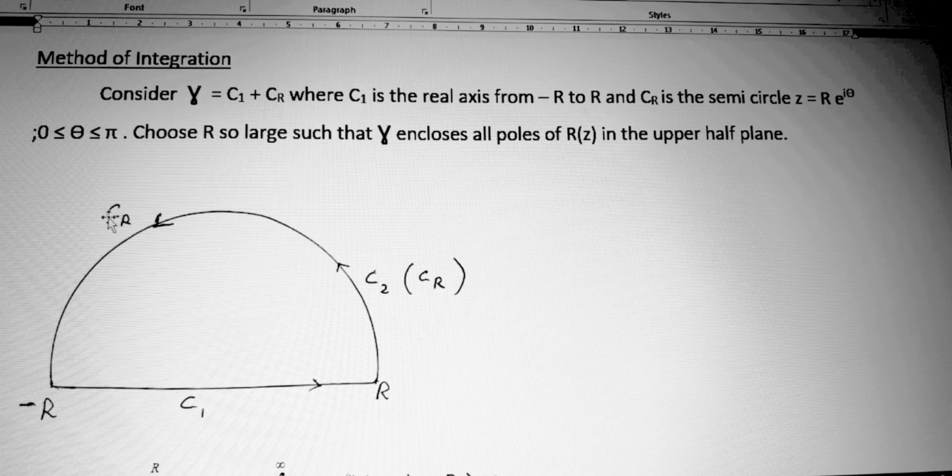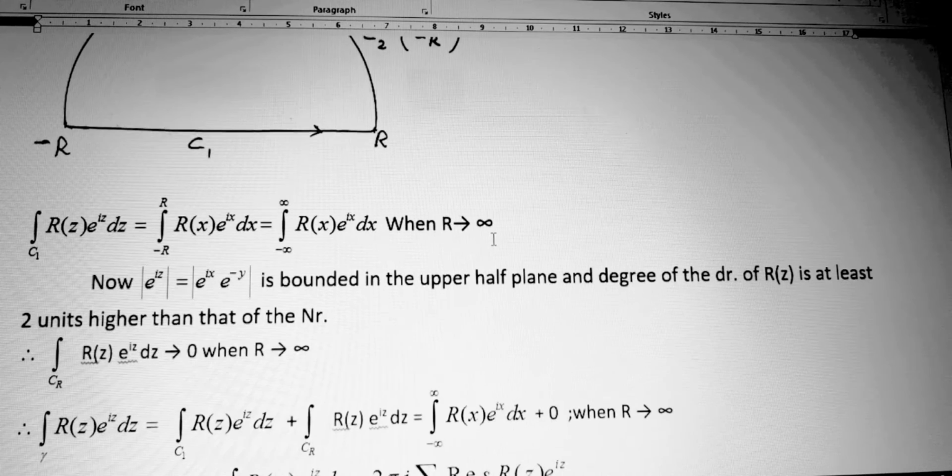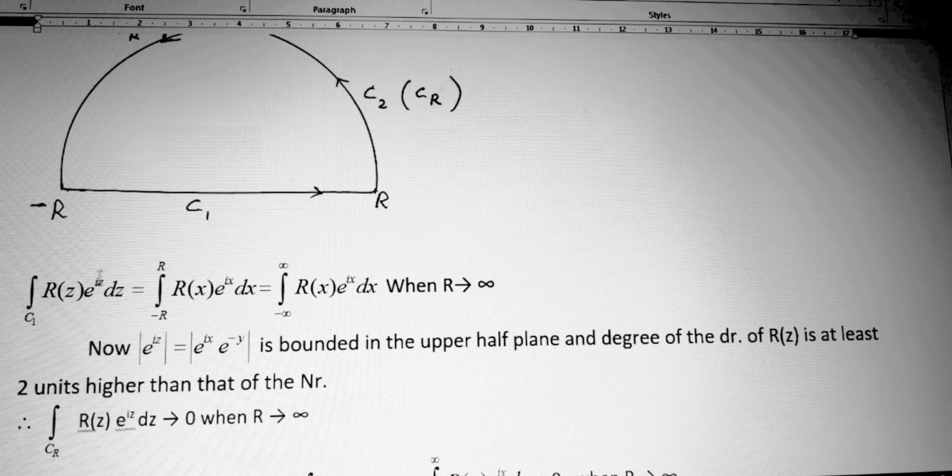Choose R so large that gamma encloses all poles of R(z) in the upper half plane. Now the integral over C1 of R(z) e^(iz) is the integral from minus R to R of R(x) e^(ix) dx.